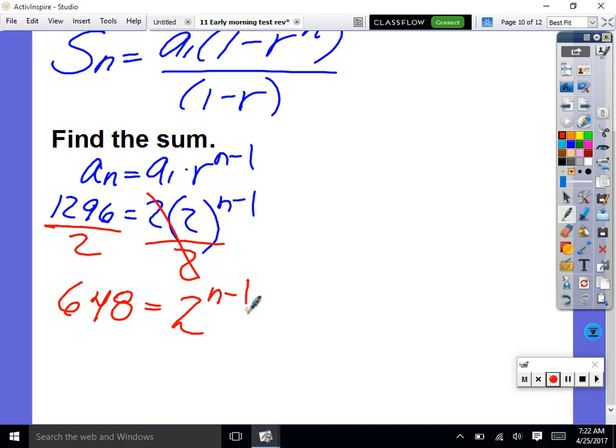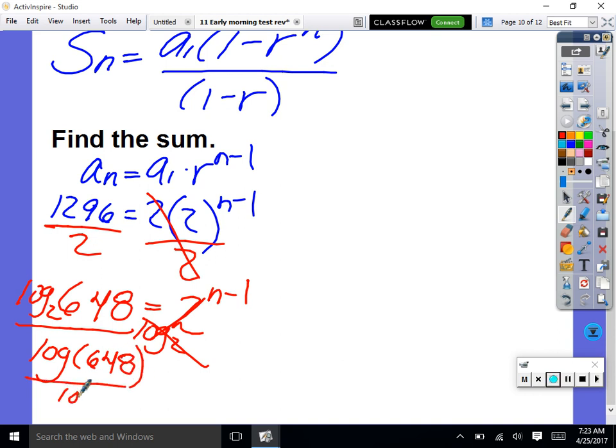Solving for n, log both sides, correct? Log base 2, and log base 2 and base 2 cancel out. Change your base formula: log of 648 divided by log of 2 equals n minus 1. So log 648, close your parenthesis, divided by log of 2, close your parenthesis.